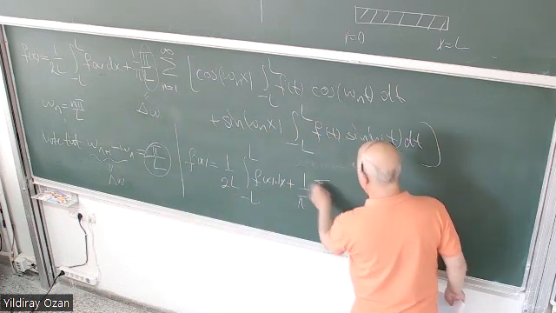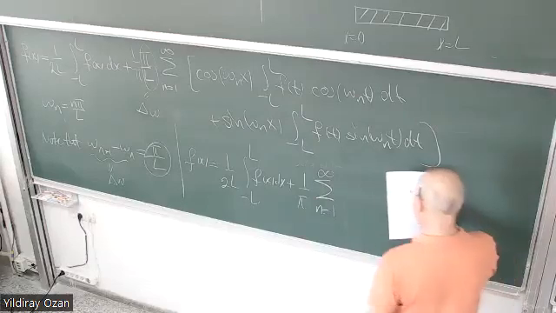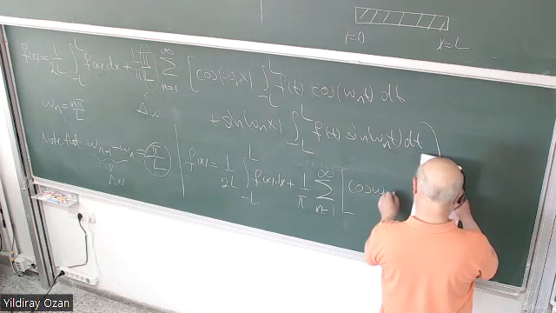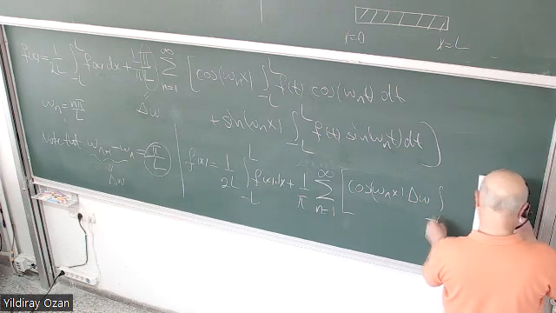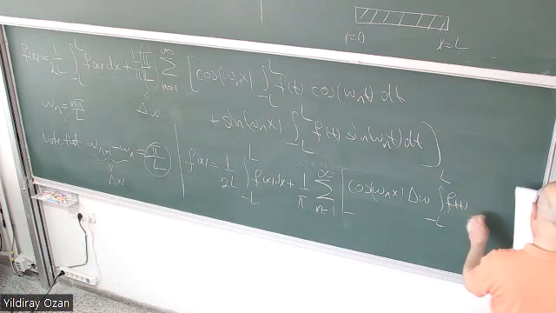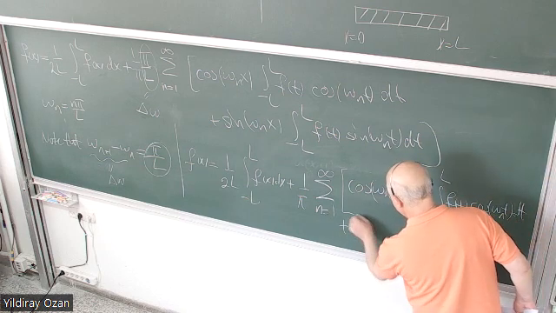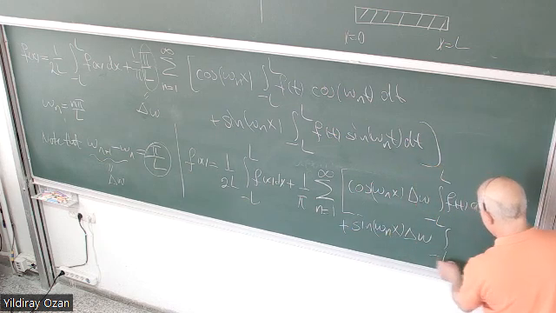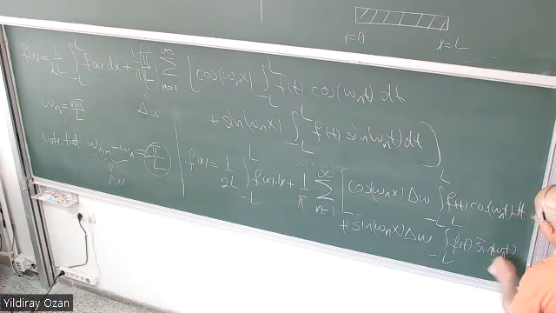And then the summation from 1 to infinity of cosine omega n x delta omega times the integral from minus L to L of f of t cosine omega n t dt, plus sine omega n x delta omega times the integral from minus L to L of f of t sine omega n t dt.